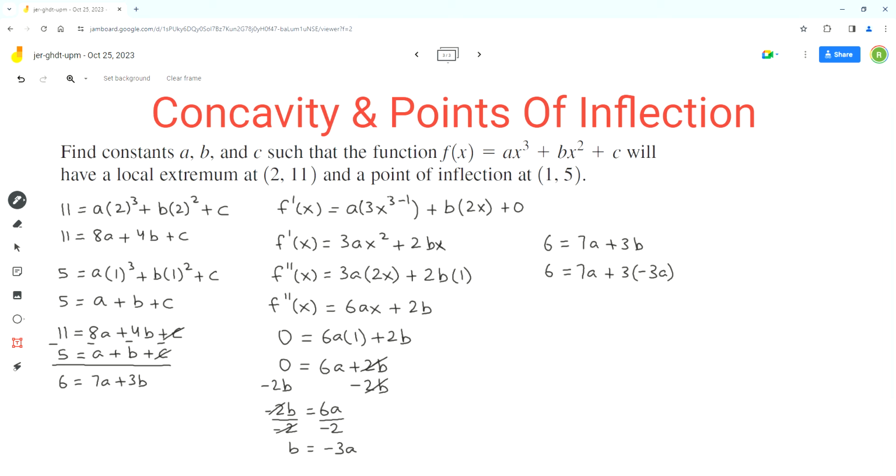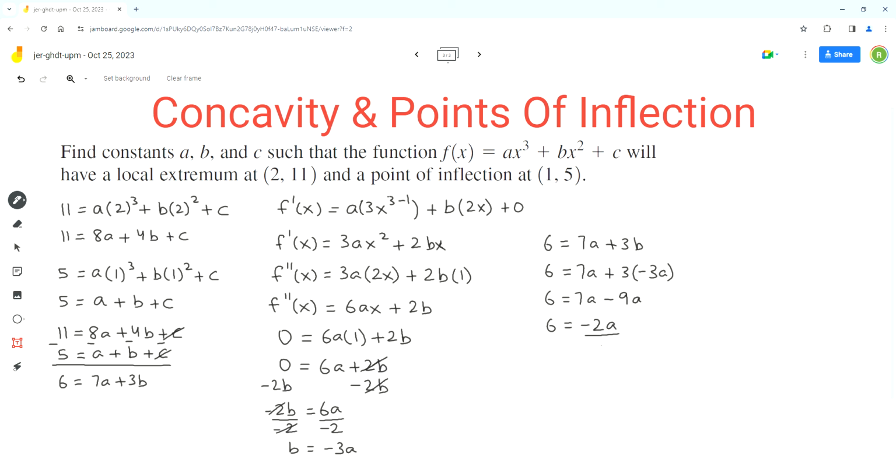So now this equation has only a, so we can solve this equation to find the value of a. So first we can do 3 times negative 3, which is equal to negative 9. Now we can combine the a terms. So 7 minus 9 is negative 2.